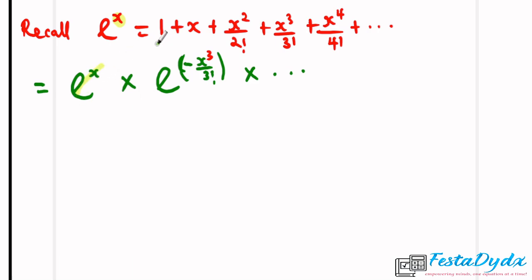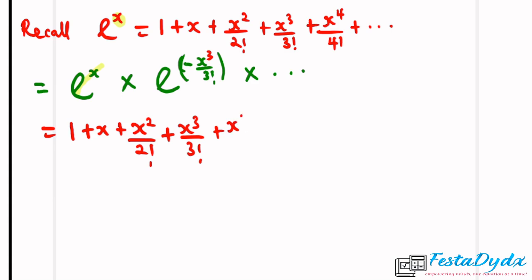For this, we're going to replace it with the series expansion of exponential x, because that's what we have there. So that gives us 1 plus x squared over 2 factorial plus x cubed over 3 factorial plus x to the power 4 over 4 factorial plus dot dot dot.